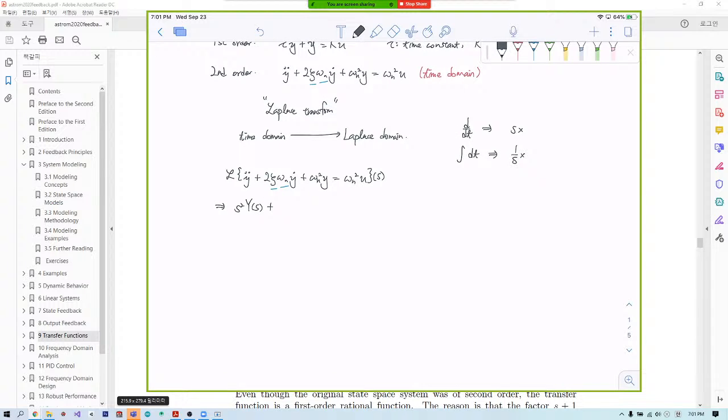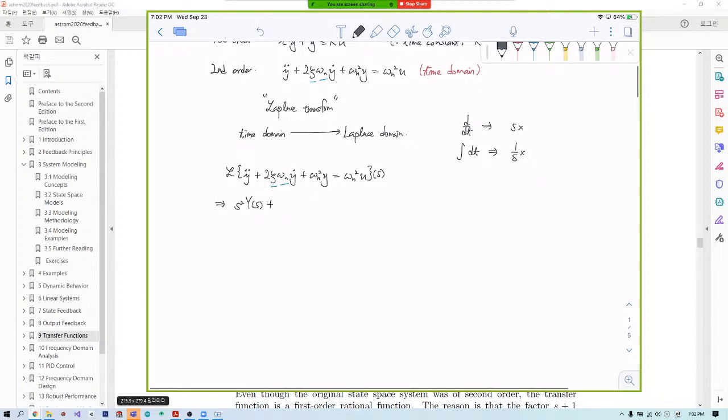And the second term, the constant just remains constant. So we have these constant coefficients unaltered, but we have another time derivative over there, which becomes s, right? Because we're taking time derivative only once. Then we got another Y right here. Similarly, omega n squared is another constant coefficient, so taking the Laplace transform doesn't change anything about this.